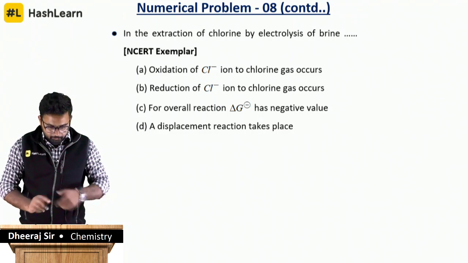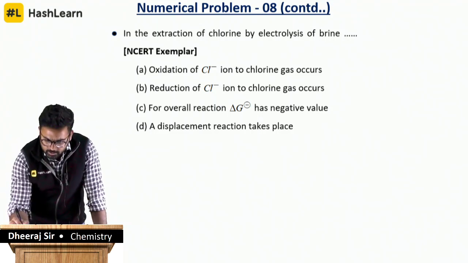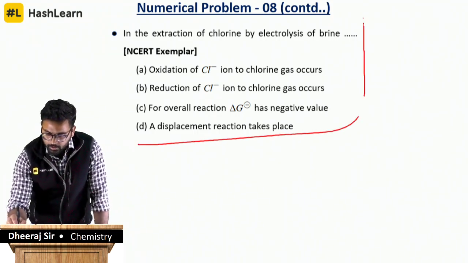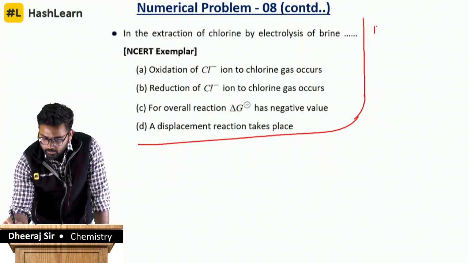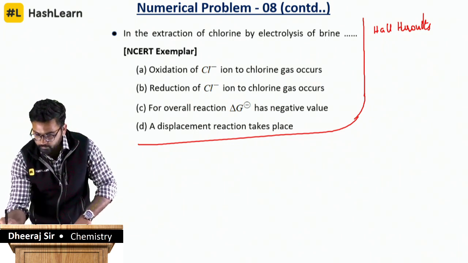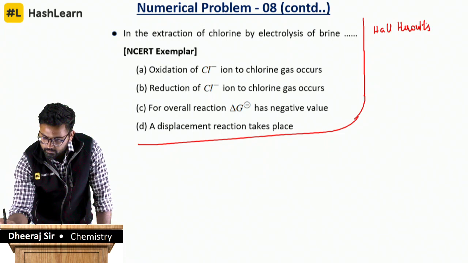We will go ahead. Now I was talking to you about the different ores, and I spoke to you about Hall-Heroult's process. I'll rewrite the Hall-Heroult's process reaction. You can look at this here, Hall-Heroult's process. Yes, we are back.